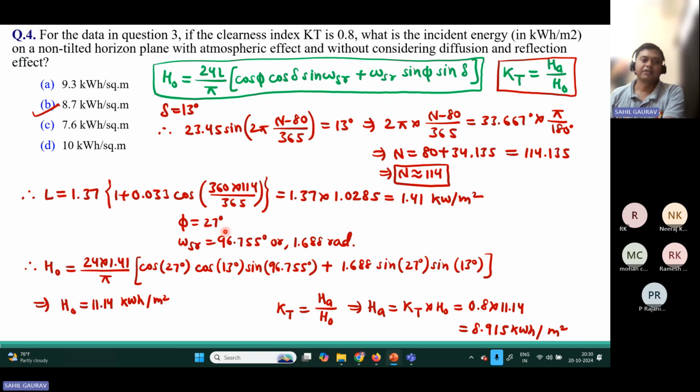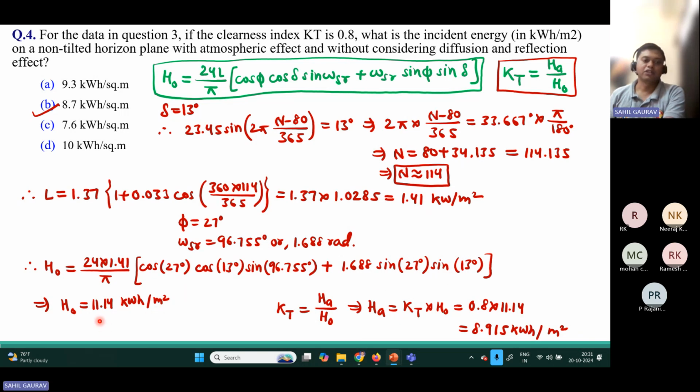Phi is 27 degree, and omega_SR we already found in the previous problem. Now we substitute all these values here for H naught. Phi is 27 degree, delta is 13 degree, and omega_SR is 96.755 degree, and omega_SR has to be substituted in radian, 1.688, and sin phi sin delta.